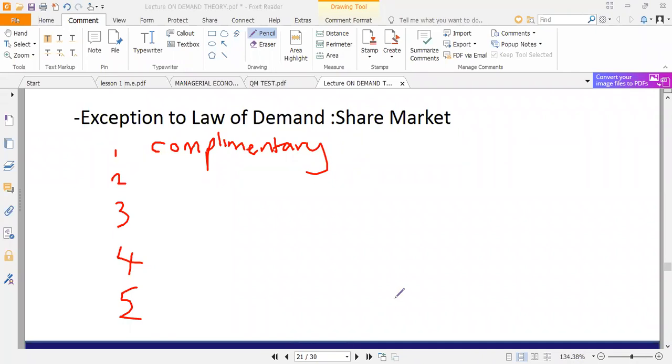Next, another type of good. Giffen good. What is a Giffen good? It's a good whose demand goes up as the price goes up. Example? Jewelry. No, no, not jewelry.